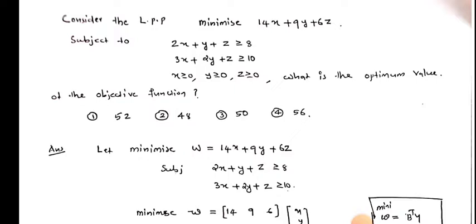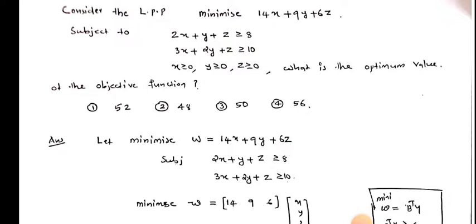Consider the LPP. Minimize 14x plus 9y plus 6z subject to the constraints 2x plus y plus z greater than or equal to 8 and 3x plus 2y plus z greater than or equal to 10. x greater than or equal to 0, y greater than or equal to 0 and z greater than or equal to 0.